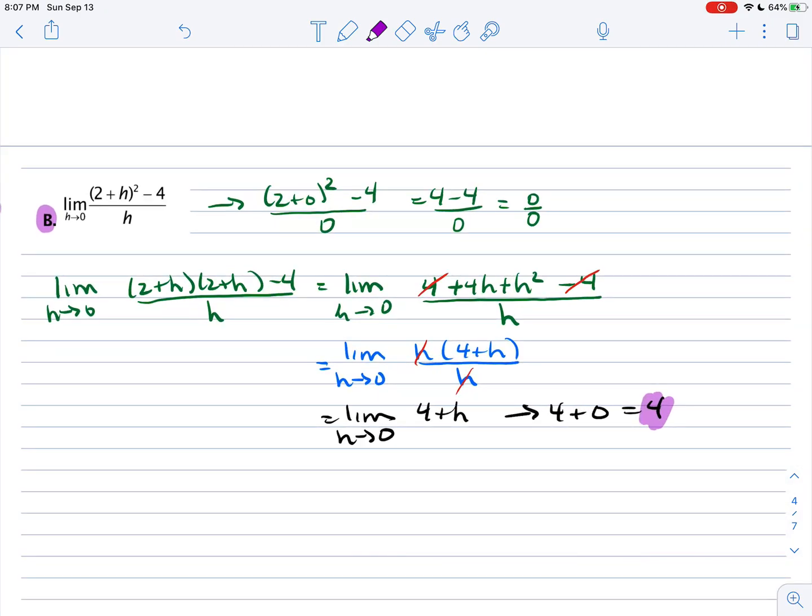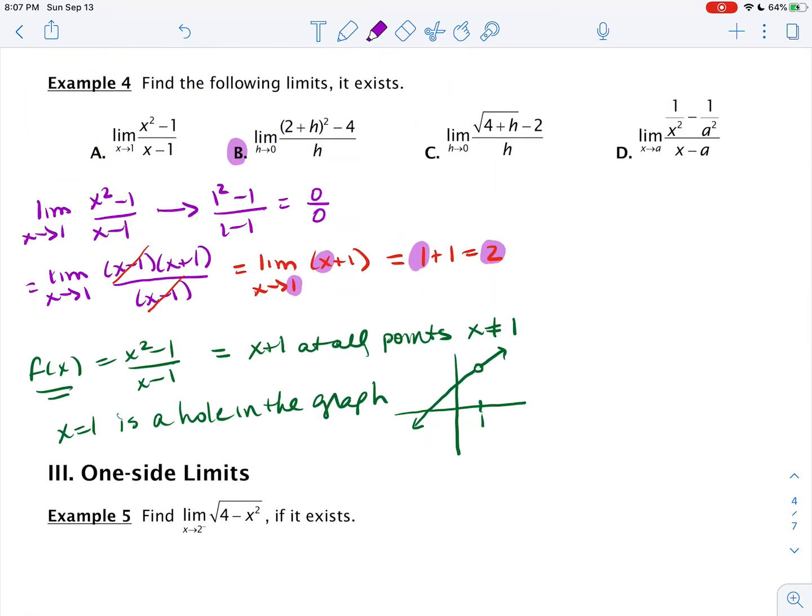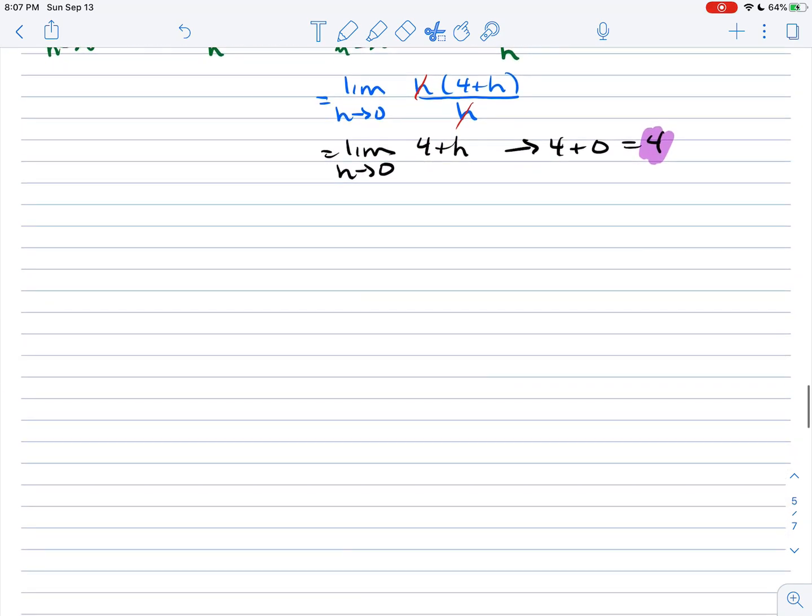Good. How would you, with part C up here, if you ever have radicals and you want to get rid of that radical, you might want to multiply on the top and bottom by conjugates. So in taking a look at this one, if I substituted 0, I would end up with the square root of 4 plus 0 minus 2 over 0.